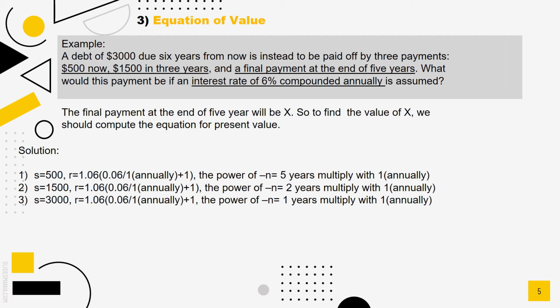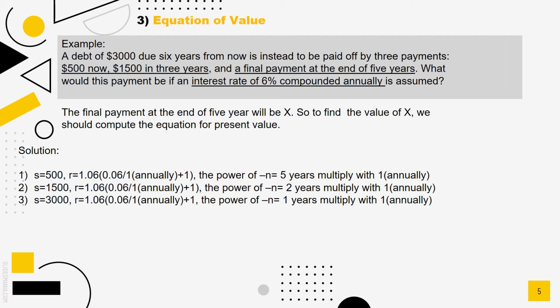So the power of negative n is 5 years, right? 5 years, because 500 is the value for 5 years, right? So 5 years, which should multiply with 1 for compound annually, is equal to 1, so you get 5.